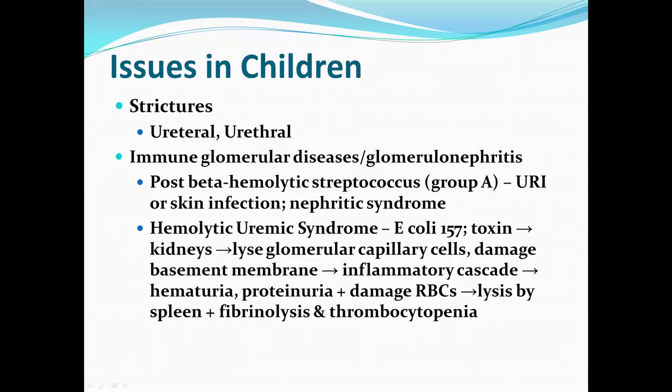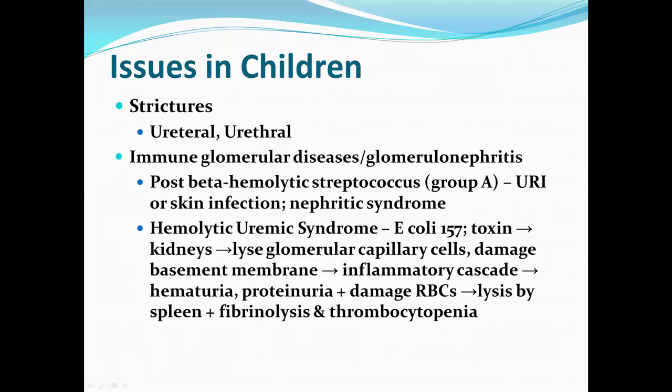Generally with this, a child presents with a glomerulonephritis 1 to 2 weeks after usually a staph or strep infection. This could be up to 6 weeks, but usually it happens within a couple of weeks after having a staph or strep infection, an upper respiratory or a skin infection.